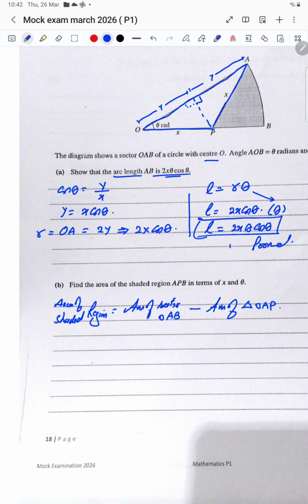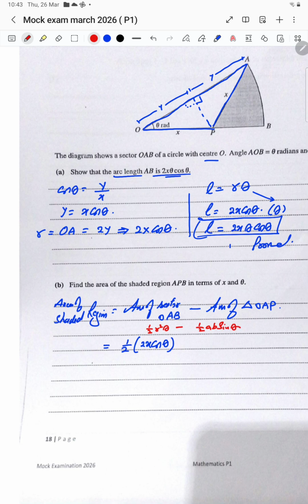So this is a mind map. So easy. Area of sector, you know, 1 by 2 r squared theta, where r is OA. That is, in the first part we have done, 2x cos of theta, because we know the formula. Area of sector is half r square theta, and area of triangle is half AB sine theta.